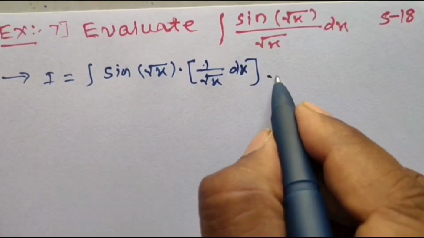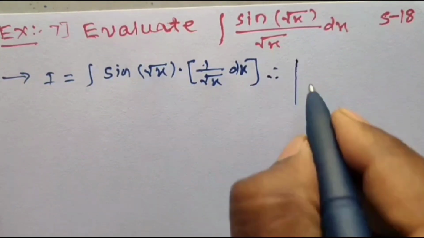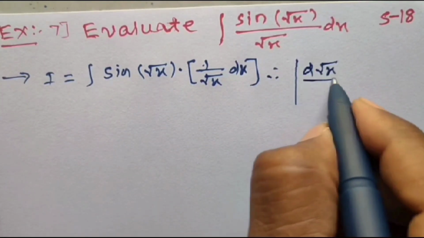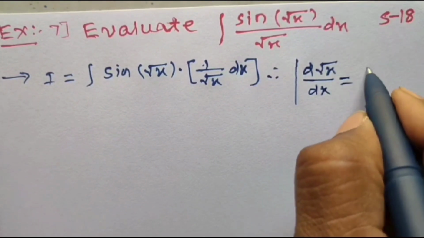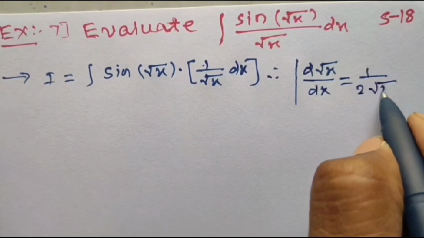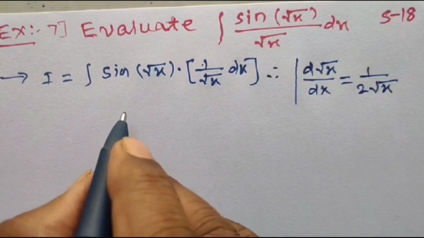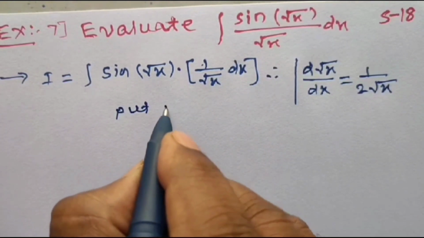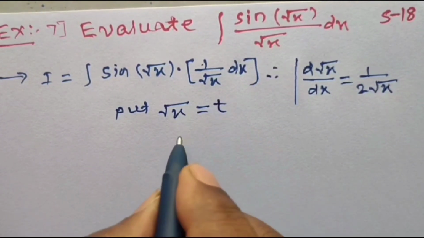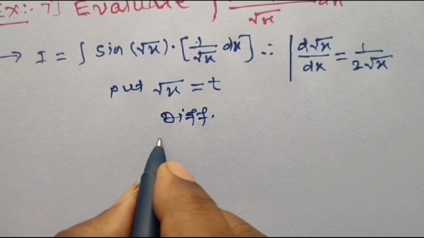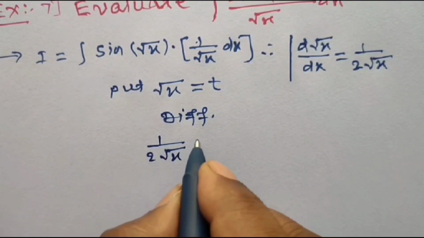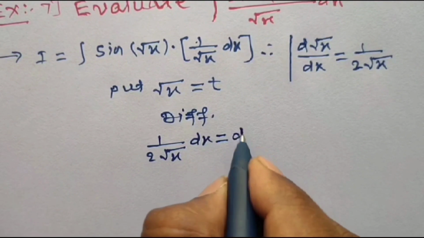And since we know the derivative of root x with respect to x is equal to 1 upon 2 root x, we can substitute here root x is equal to t. Then differentiate this: 1 upon 2 root x dx is equal to dt.